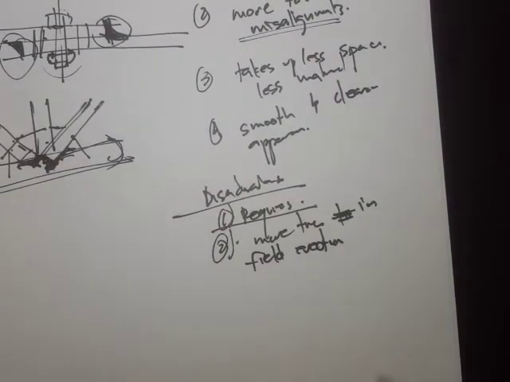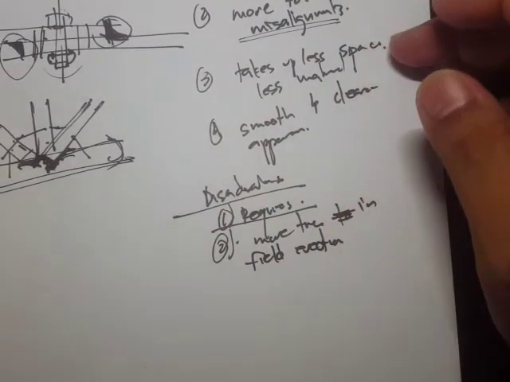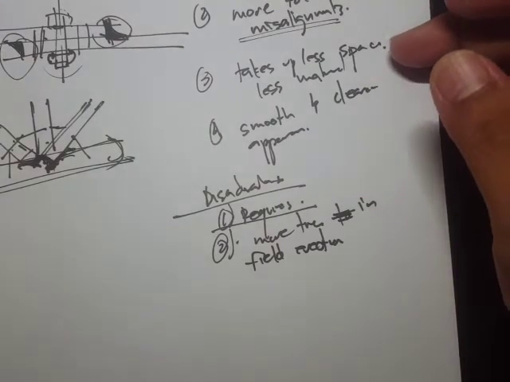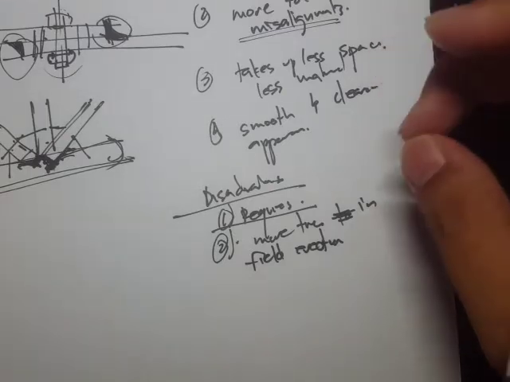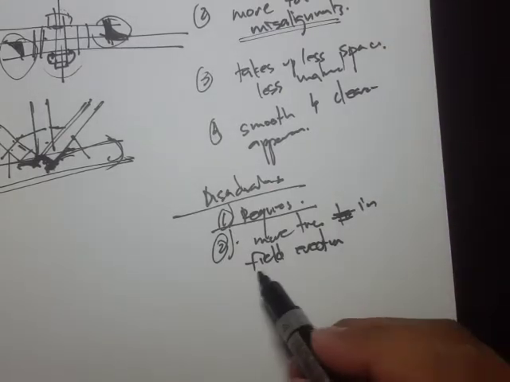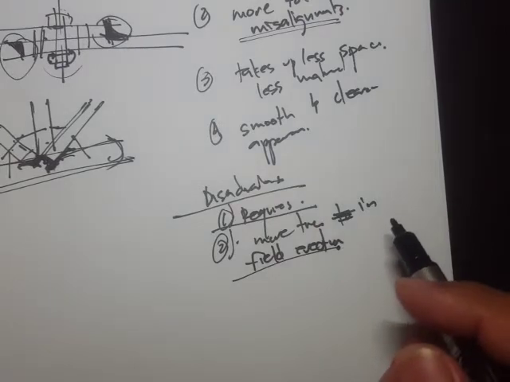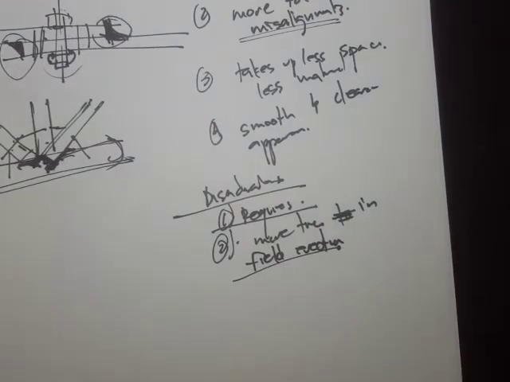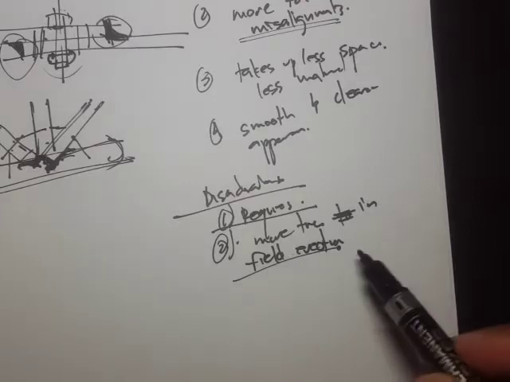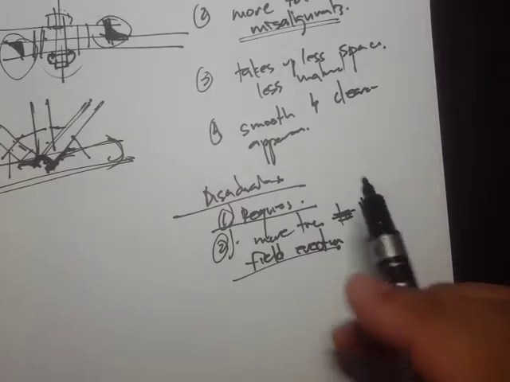Meaning once the beams and columns arrive at the site and you're going to erect them, by connecting those beams and columns you are spending much more time in field erection as compared to bolting.